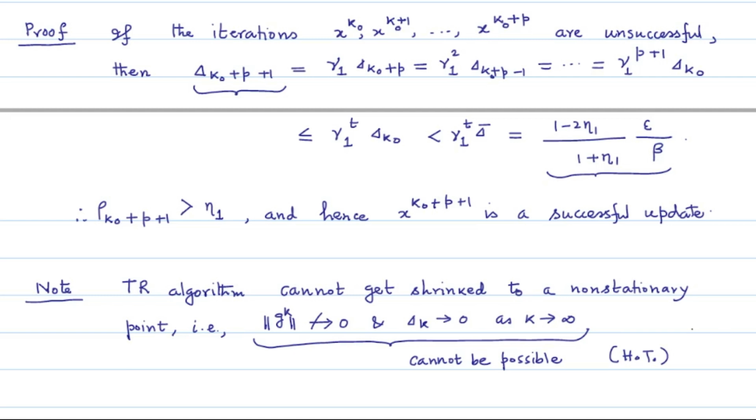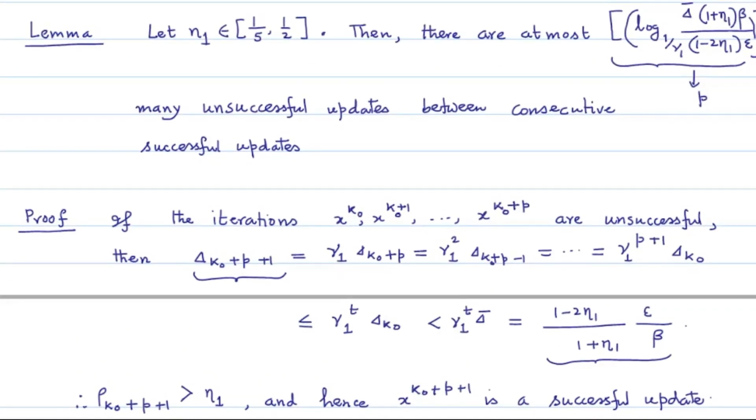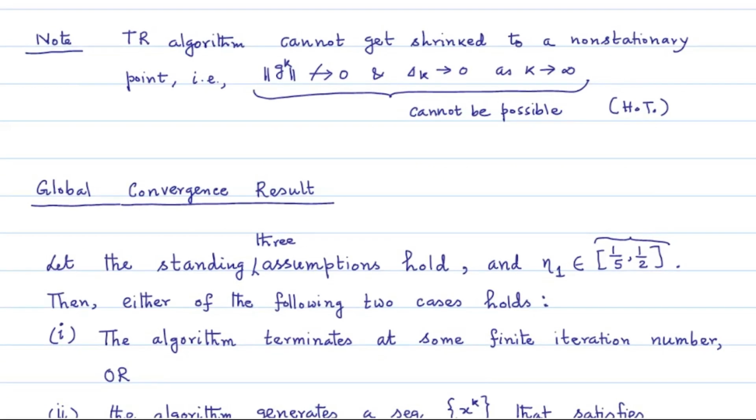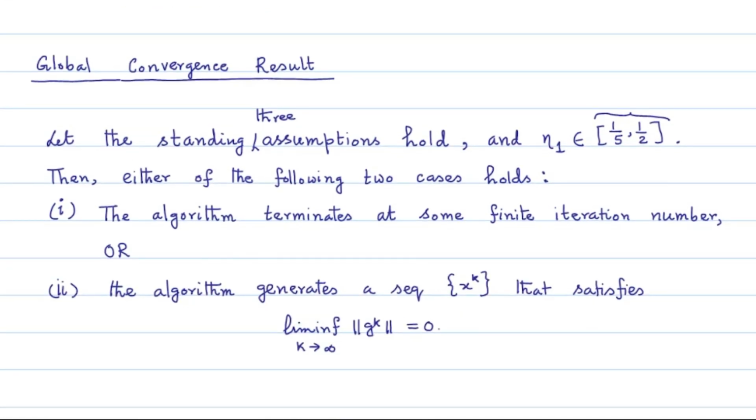Now with the help of this note, or rather this lemma, that in between two successful updates we have at most finitely many unsuccessful updates, we now prove the global convergence result, which states the following: that if we consider the threshold value for the reduction ratio eta 1 is in between 1/5 and half, and the three standing assumptions that we have taken during the discussion of the trust region algorithm are holding, and also we consider that the trust region step pk in the second step of the algorithm be such that mk of pk is less than or equal to mk's value at the Cauchy step.